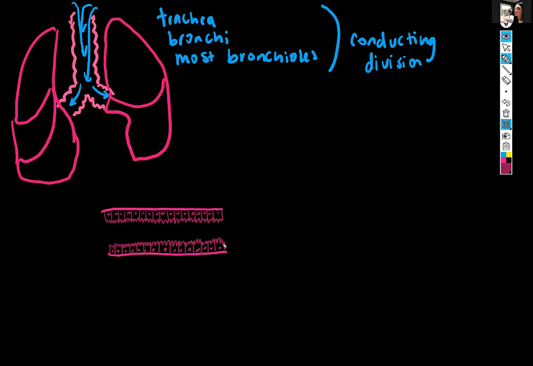So this is something that students don't often expect, is there to be sort of a gradual shift in the histology of something. There's no clear boundary between one area and the next. You just see this gradual change in the epithelium.